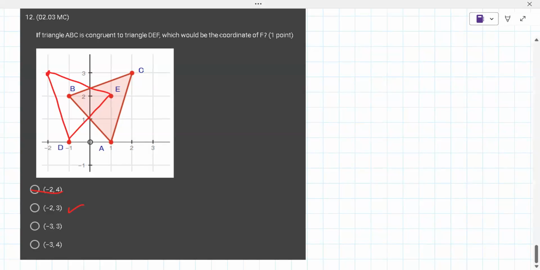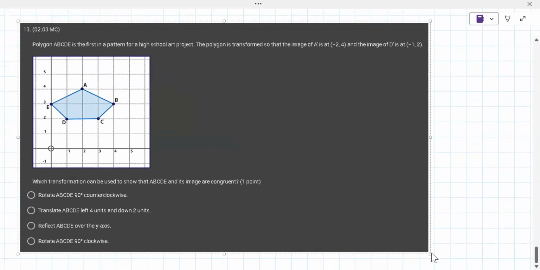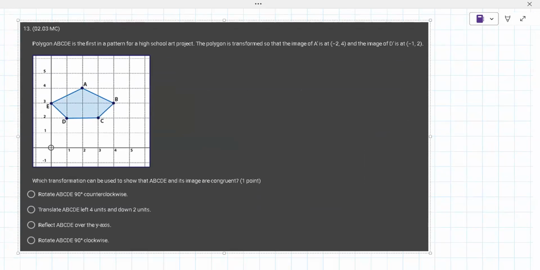All right. So we got polygon ABCD is the first in a pattern. Transform the images A prime is at minus 2, 4, D prime. All right. So they're telling you where the new points are.